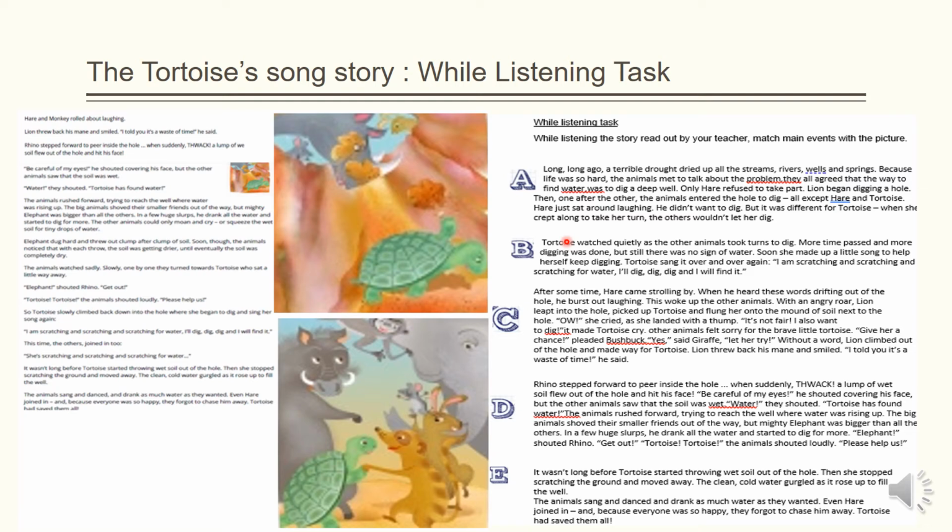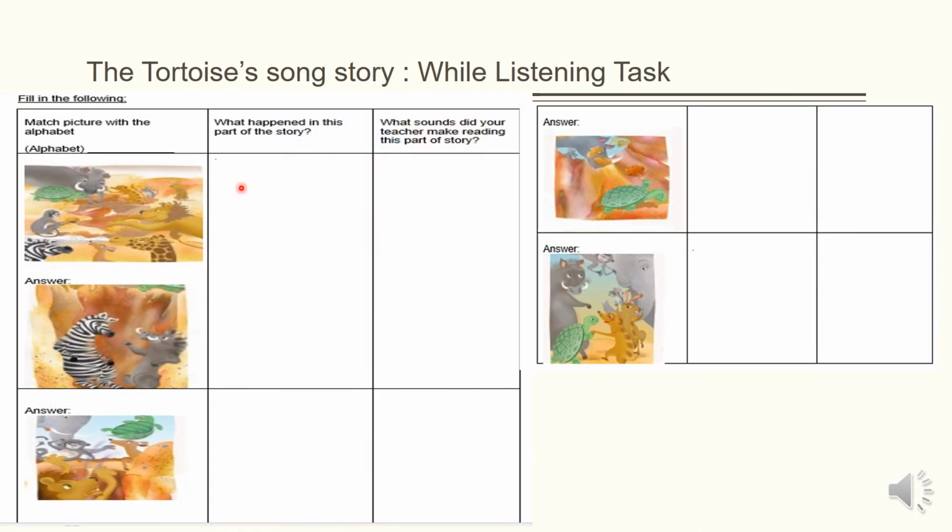Tell the kids to point out while I'm reading. That's the second time you read the story. The first time, they should just listen. The second time, which is the next day, they are required to point out. All right, while listening, so now you're going to give them this page.